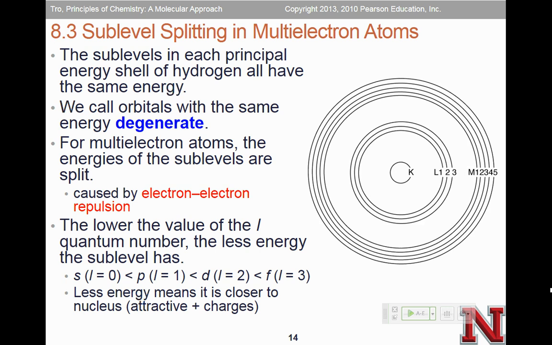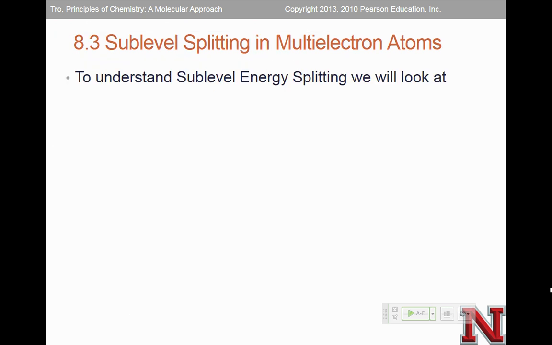Then as I go up even higher, at the 3 principal energy level, I can have a 3s, a 3p, and I can even get to 3d. I can't ever have f in the 3 energy level because n minus 1 is never going to give me that 4 for f. So the closer we are to our nucleus, the lower in energy we are.